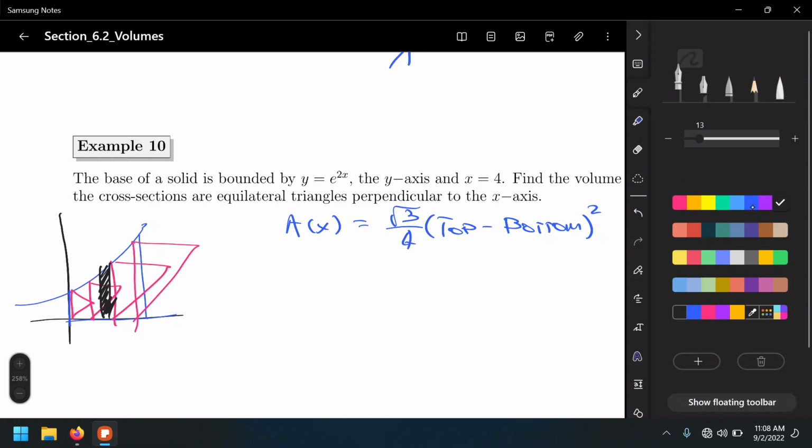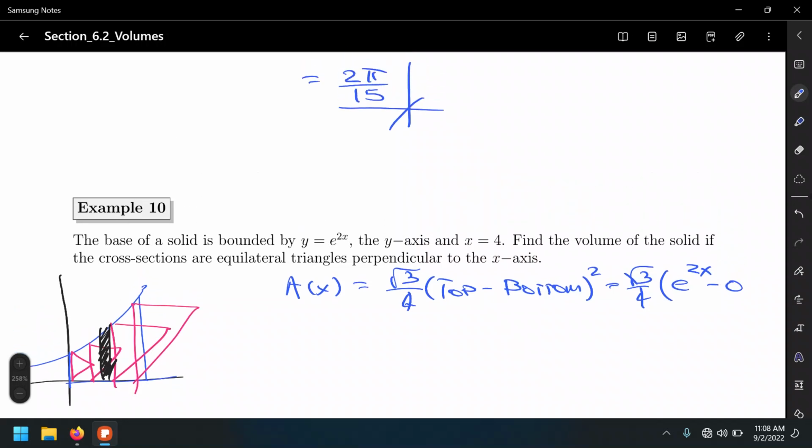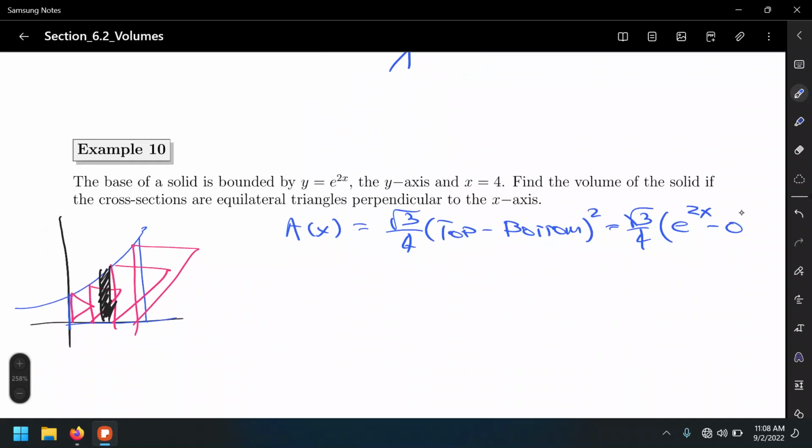In this case, we define the top minus bottom from the region of integration. The top function equals, that's root of 3 over 4 times e to the 2x minus 0, because y equals 0 is the bottom function. That's simply the x-axis again. So top is the exponential, bottom is this horizontal line y equals 0, and that whole quantity squared.